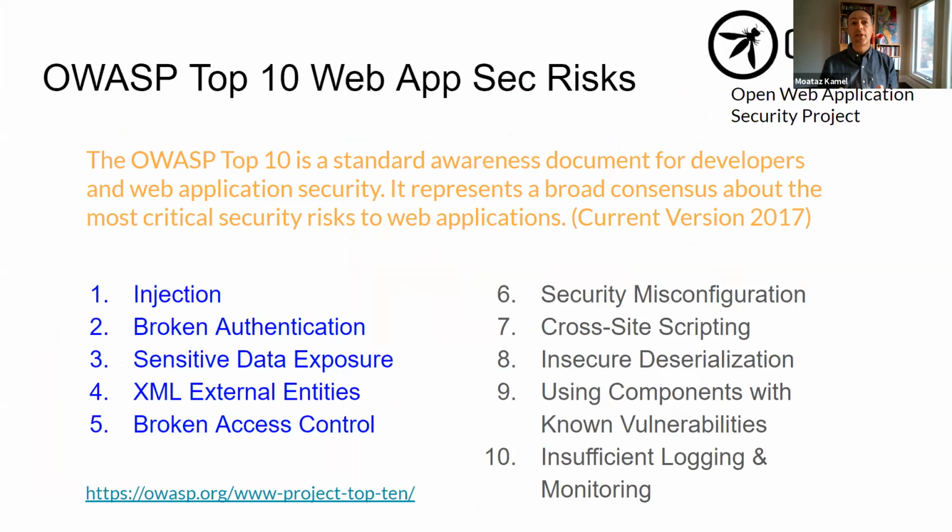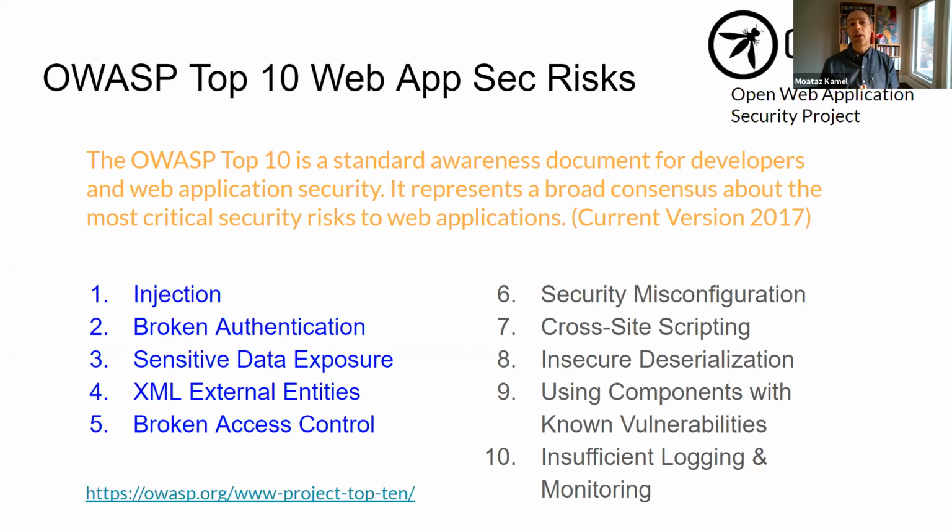As I mentioned, the OWASP Top 10 Web Application Security Risks is a standard awareness document for developers and for web application security. It's specifically targeted at web applications, and there are even top 10s now in OWASP for other areas like mobile security. It represents a broad consensus about the most critical security risks to web applications.